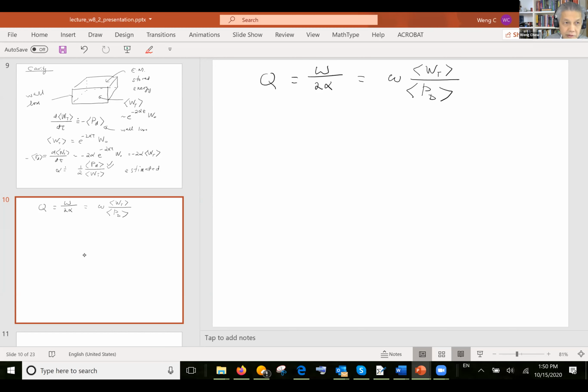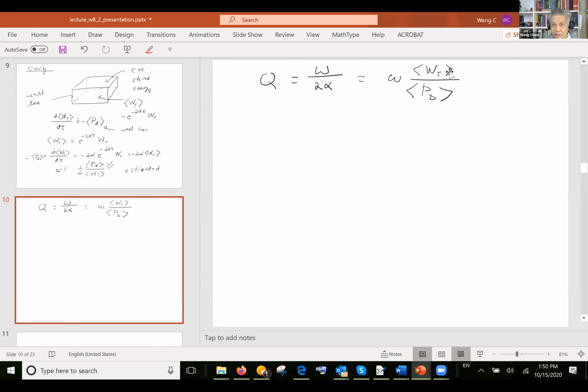Because we just showed that alpha is given by this thing, you plug in the value of 2 alpha, and you get a new formula for Q. And the interpretation is the same: it is the energy stored relative to the energy dissipated within the number of cycles before the thing decays to 1 over e of its original value.